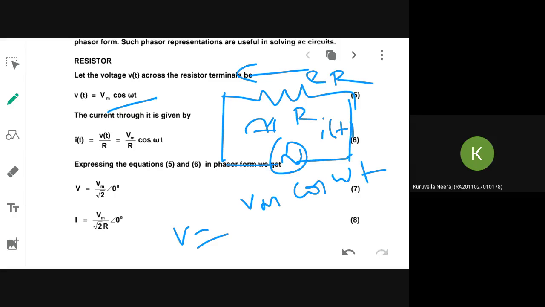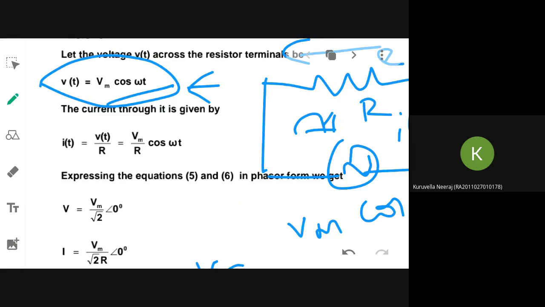So let us assume V of t is a cosine waveform whose mathematical representation is Vm cos theta, or otherwise you can use Vm sin theta itself. That is easy for you because you are using a sinusoidal representation, so let us consider sin theta itself. Now I want to know the current. What is the formula for current?